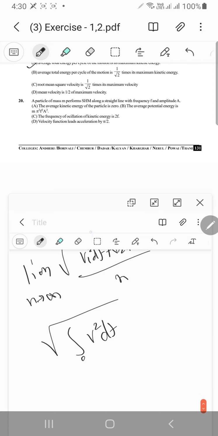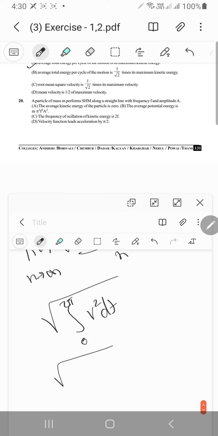Well, we want to be summing this from where to where? Since we want one complete oscillation, just say 0 to 2 pi.